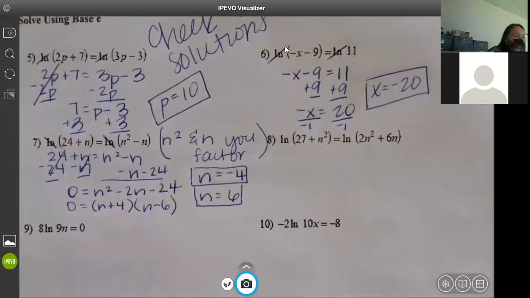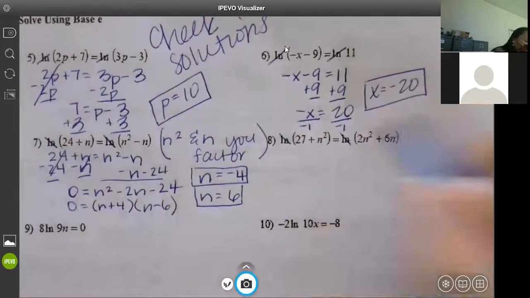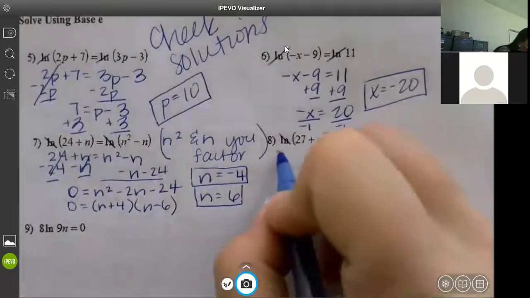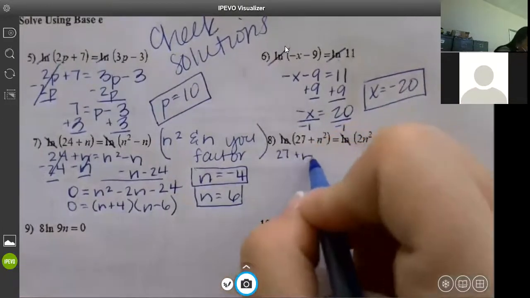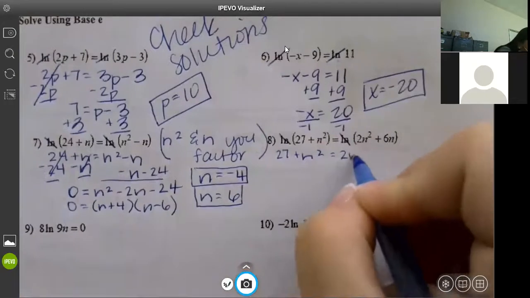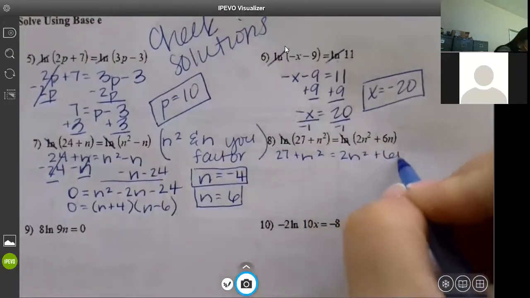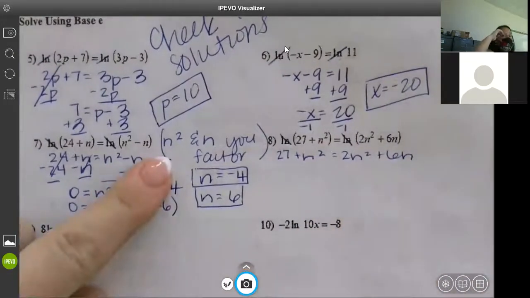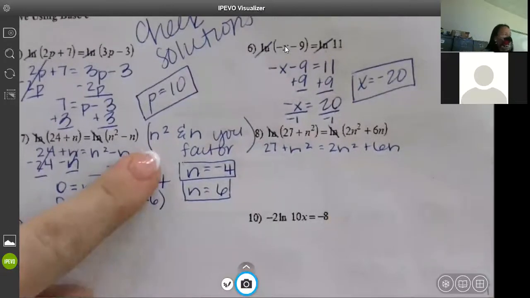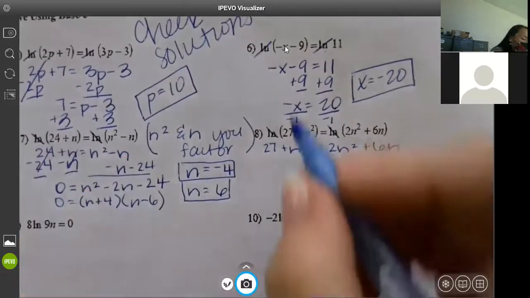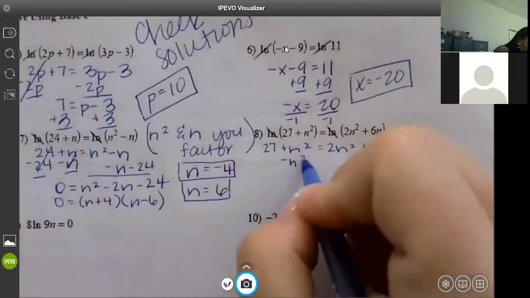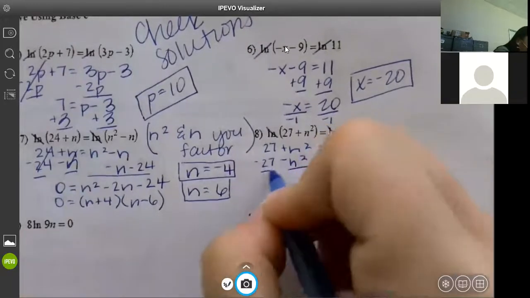All right, same exact thing on the next one. 1 on one side, 1 on the other, we mark it out. We're left with 27 plus n squared equals 2n squared plus 6n. So when we have n squared and n, you have to factor. Keep your n squares positive, so that's why I always move the littlest one. And I'm going to move the 27.